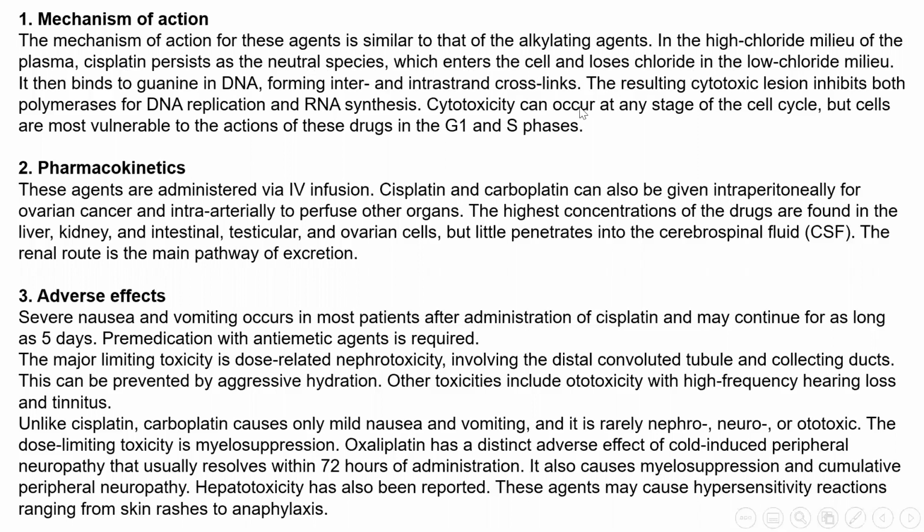Then the active metabolite has the ability to bind to guanine in DNA, forming inter- and intra-strand cross-links. And this means this drug has the ability to make links or alkylating effects in the same strand of the DNA, because we know there are two strands in DNA, but this drug has the ability to bind to one strand or to both strands at the same time.